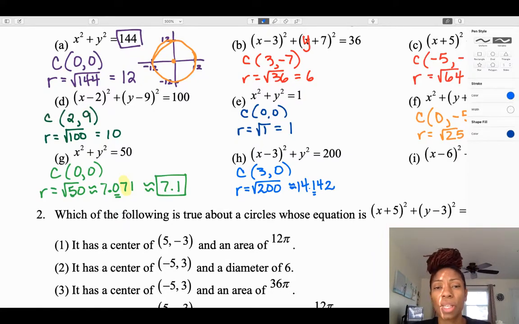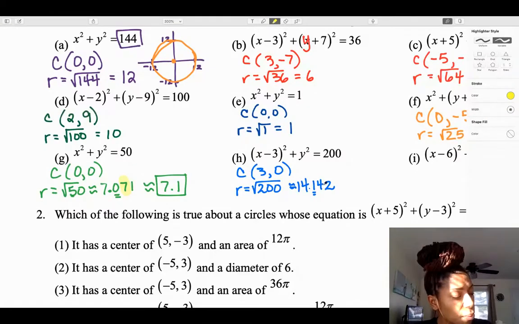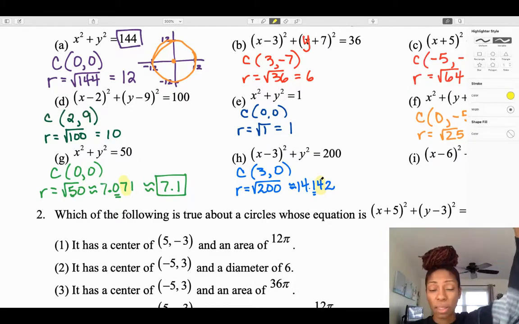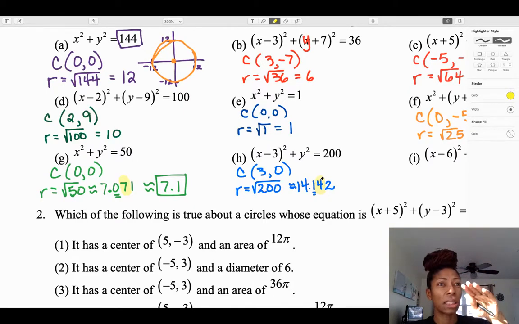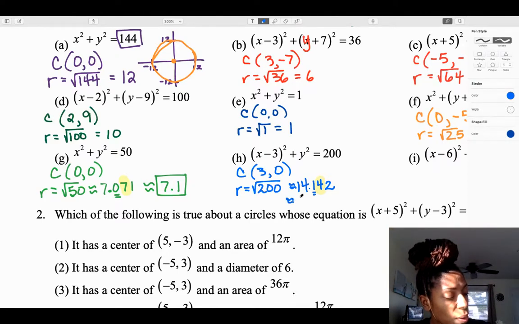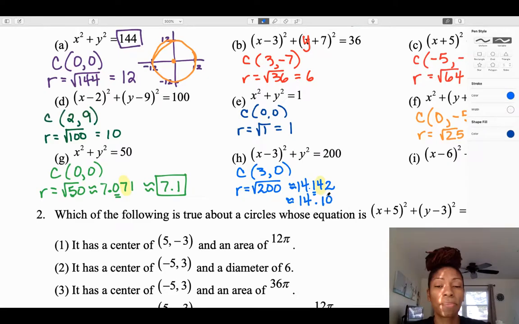So you ask yourself, is 14 closer to 10 or is it closer to 20? It's closer to 10. So we're going to round this off to 14.1.